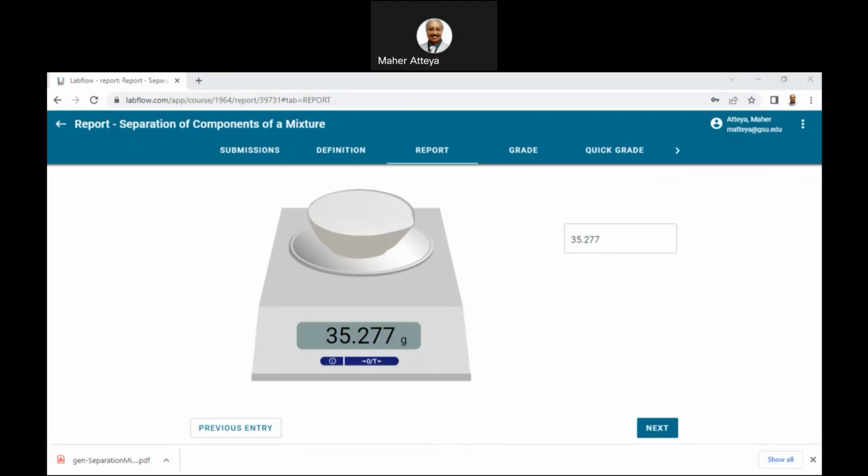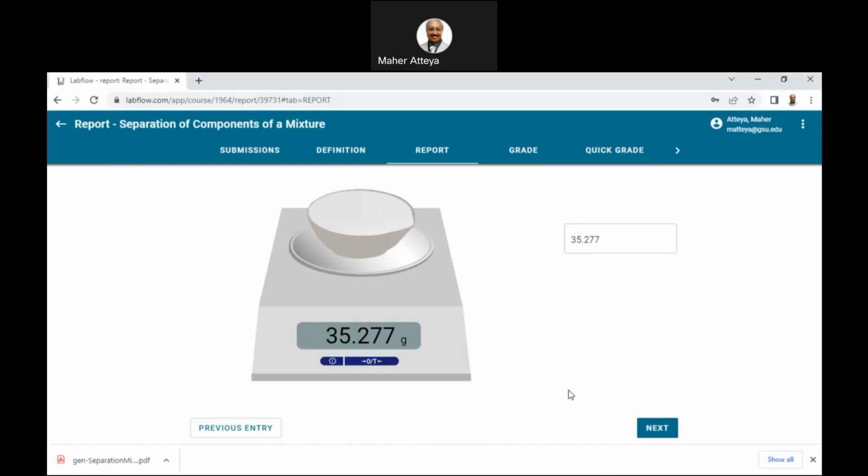Now weigh the second crucible. Okay, we weigh the second crucible. After weighing the second crucible, record the mass of it, and then click next. Okay, so let's see here.